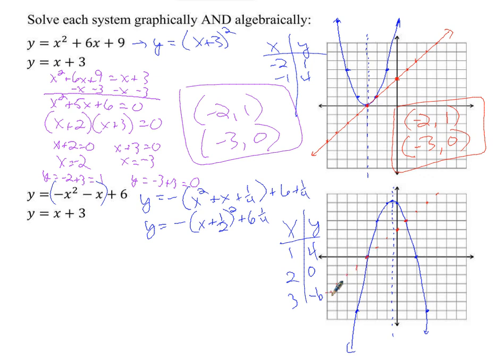Continue making dots. Draw in the line with something straight. And I already know what my intersection points are. What are they? One, 4, and -3, 0.